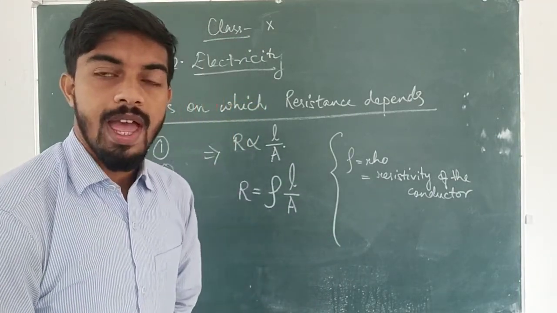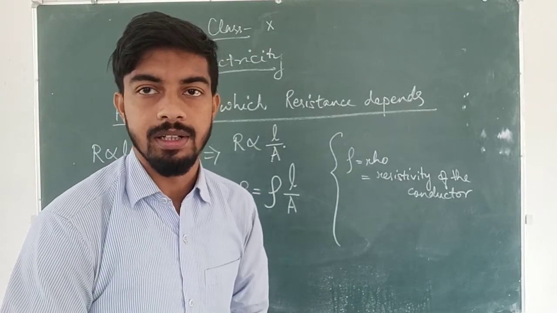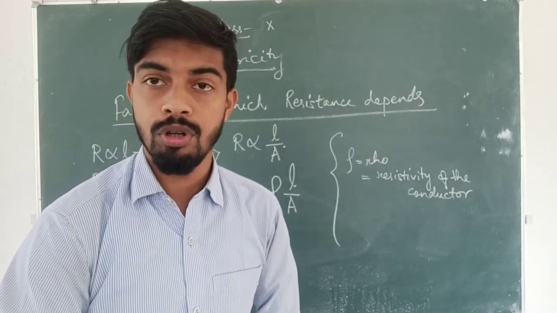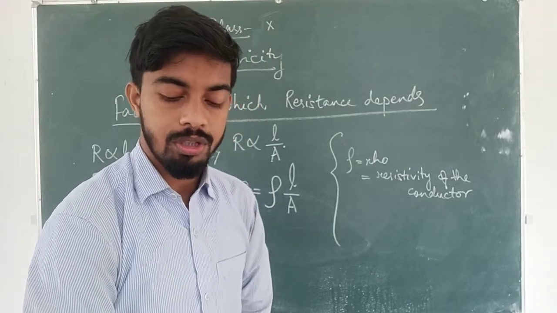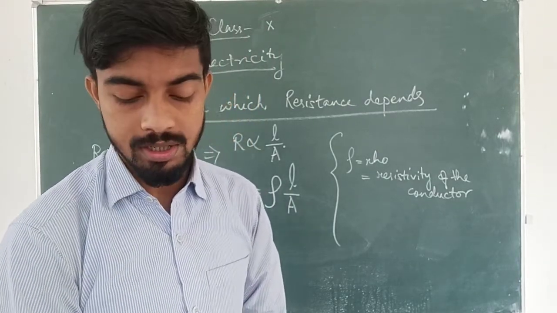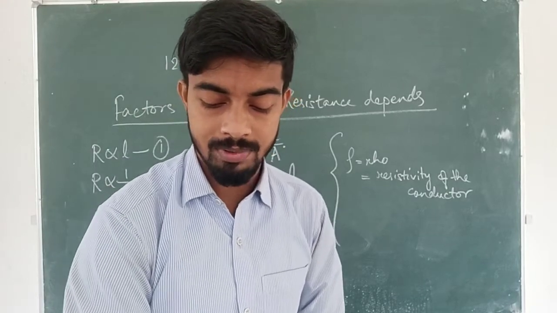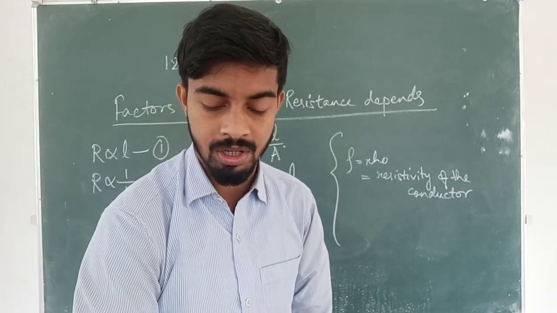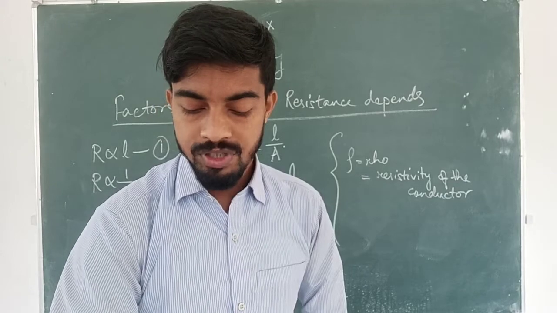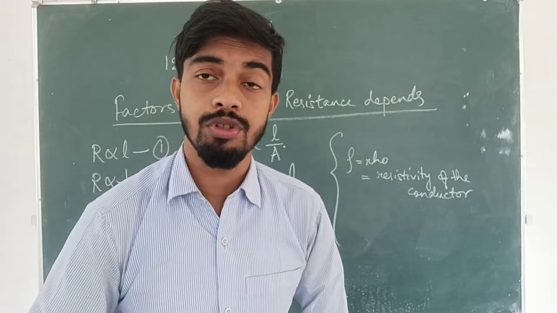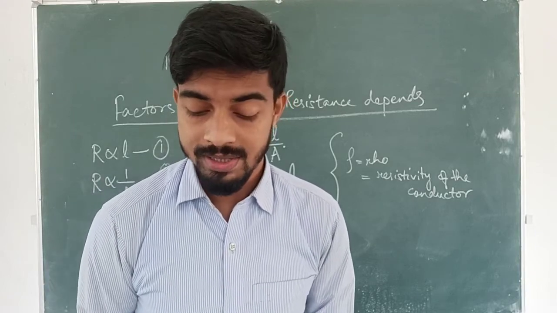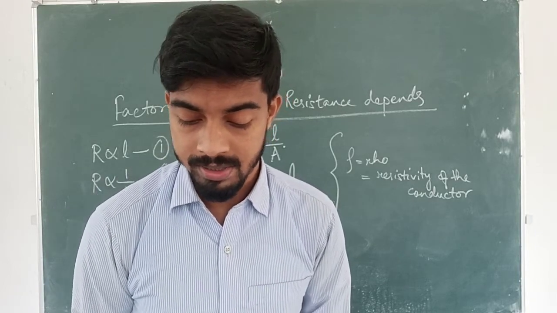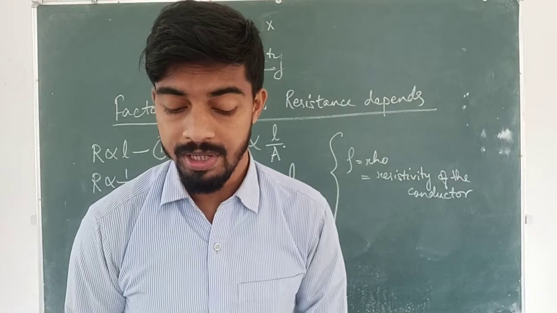Now this rho has a fixed value for a fixed metal. If you look at your book, page number 207, table 12.2, on top of the table we have conductors: silver, copper, aluminium, tungsten, nickel, iron, chromium, mercury, and so on. The resistivity values of different metals are given. For silver it is 1.60 into 10 to the power minus 8 ohm meter.